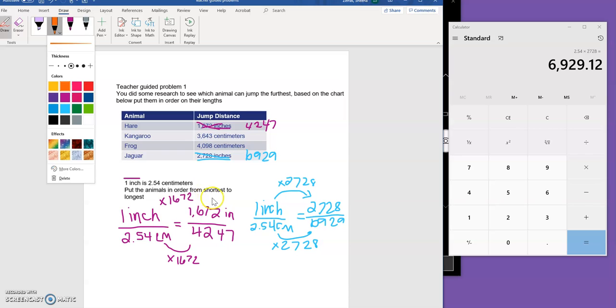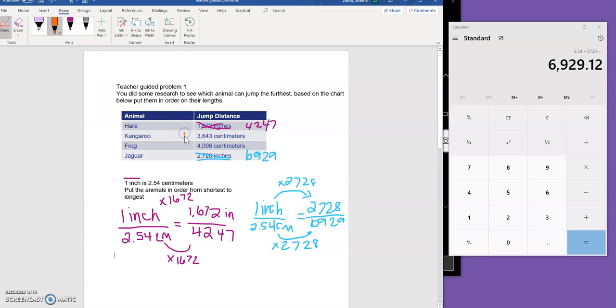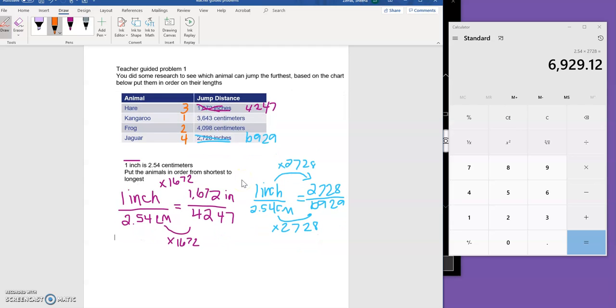Putting them in order from the shortest to the longest, the smallest number would be the one here, 3,000. Next would be the frog, then we have the hare, and then we would end with the jaguar. That's referencing back to when we converted our units.